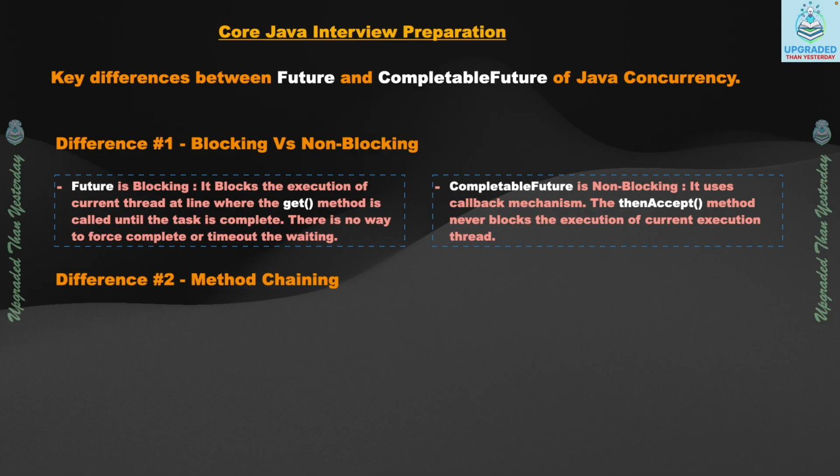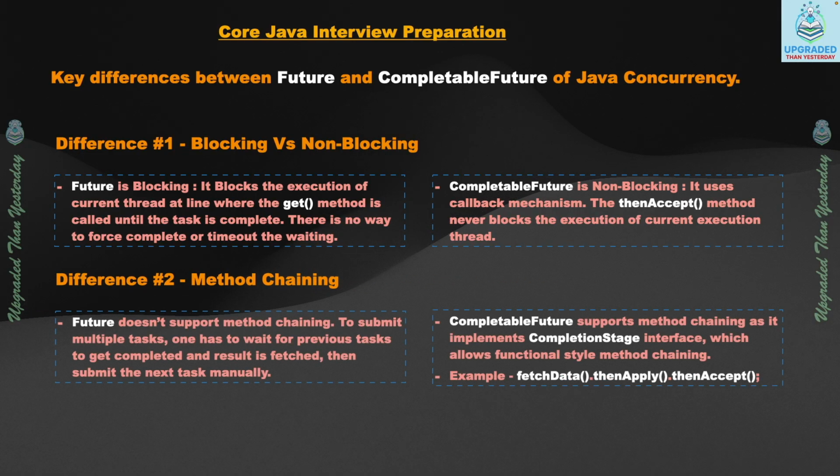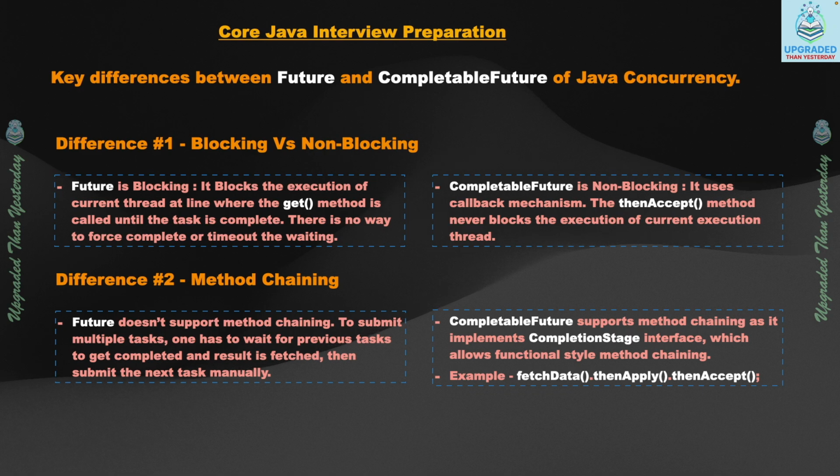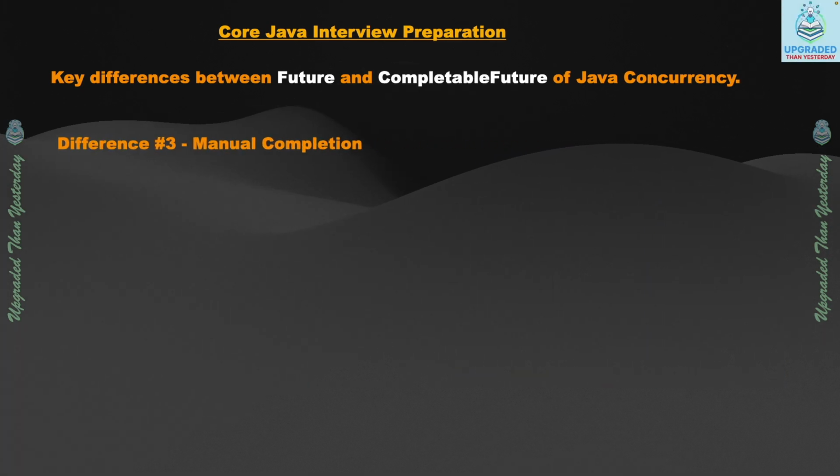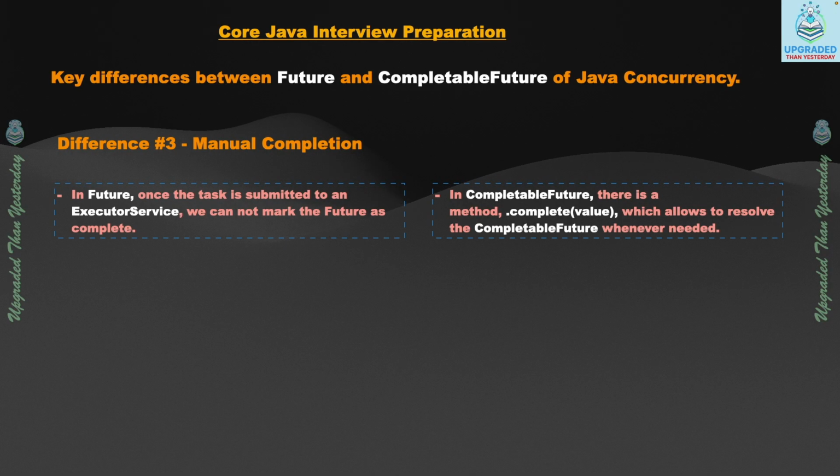Second difference, method chaining. We have seen already with the example that Future does not support method chaining, but CompletableFuture does, as it implements the CompletionStage interface. Third difference, manual completion. A Future cannot be marked complete once it is submitted to an ExecutorService.